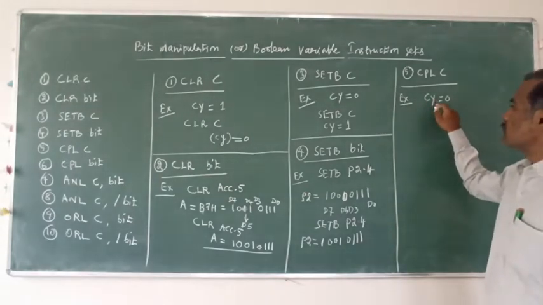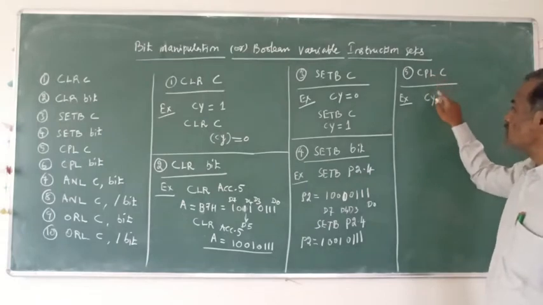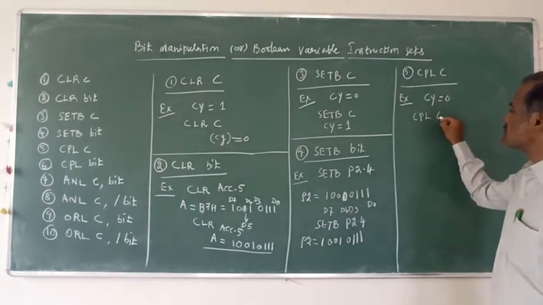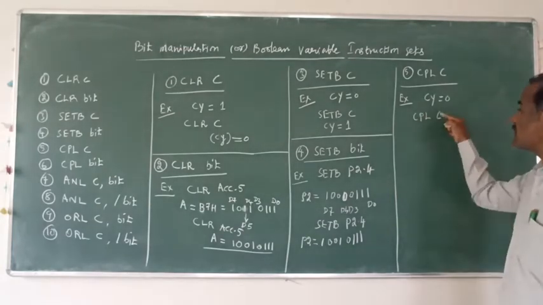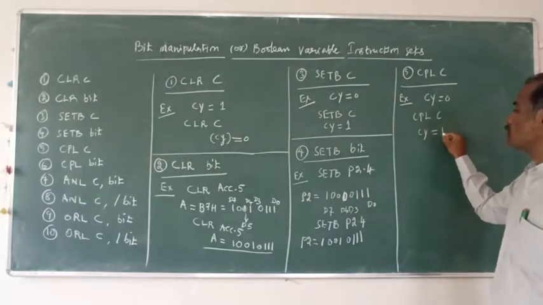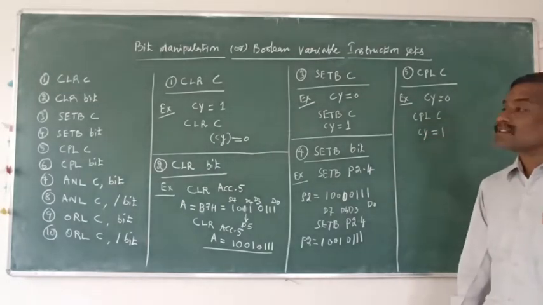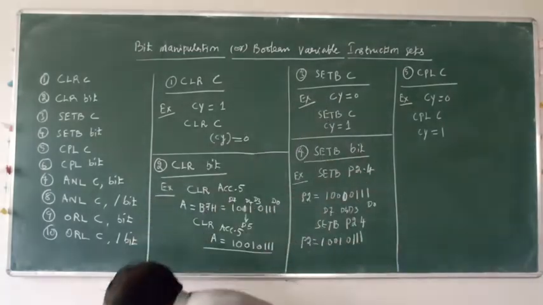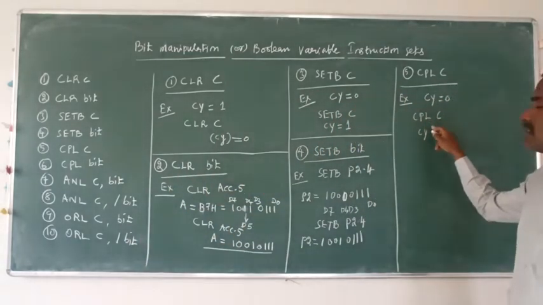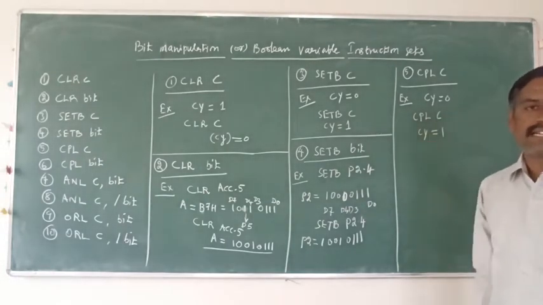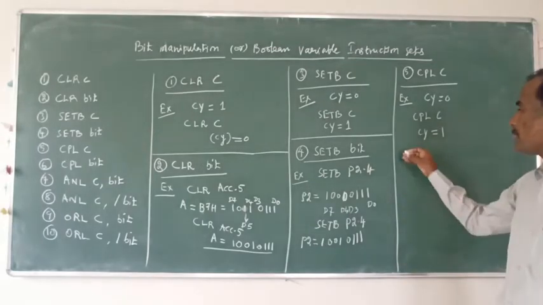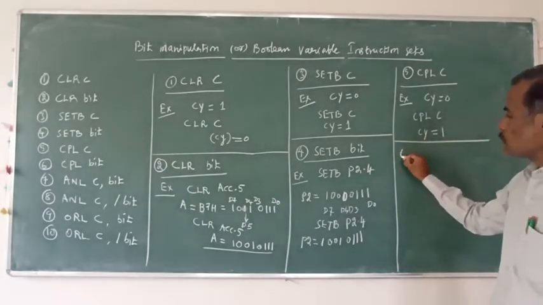Before this instruction executes, the carry flag equals 0. After CPL C, which complements the carry, carry equals 1. This is for clearing the carry, this is for setting the carry, and this is for complementing the carry status.